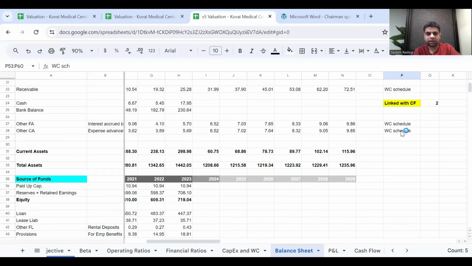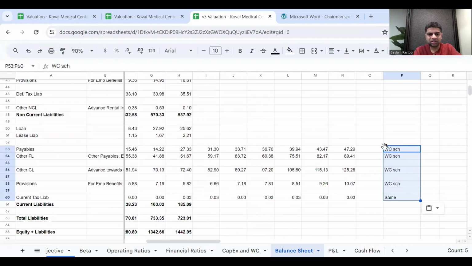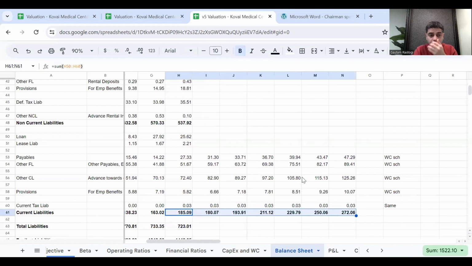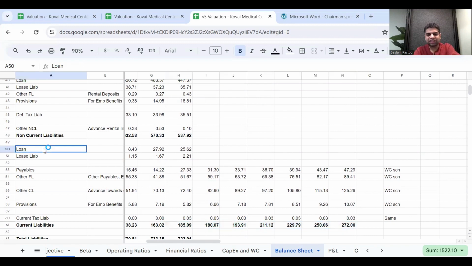Now let me sum up the current liabilities. So my current liability estimation is almost done with the exception of these two items, the short-term loans and lease liabilities. Okay. And here's what I'm going to do.